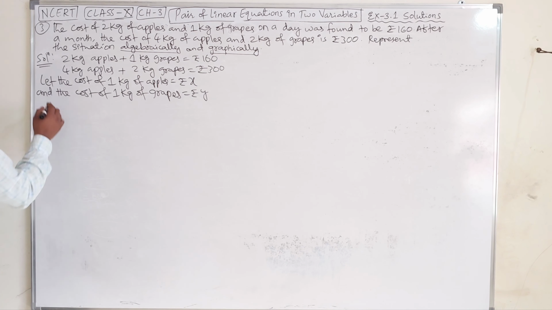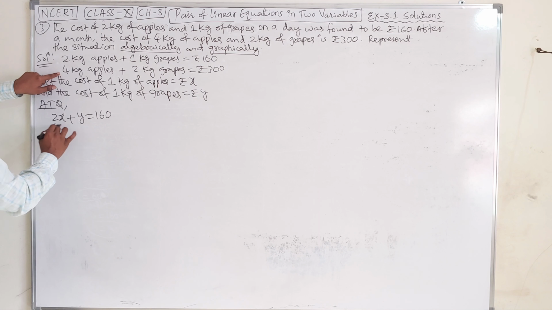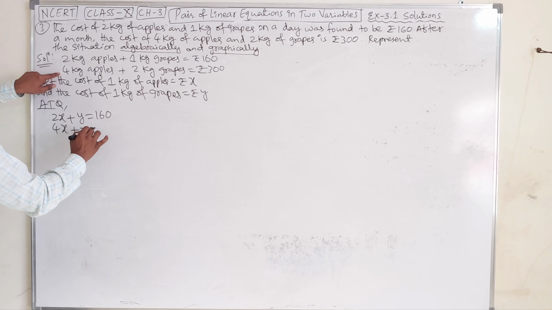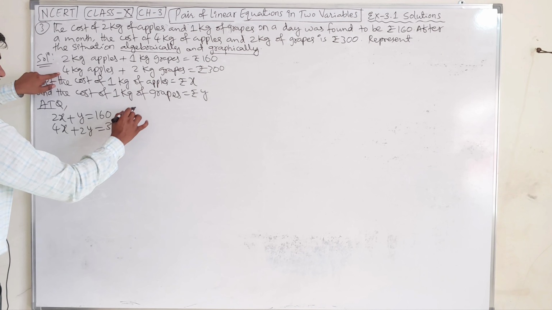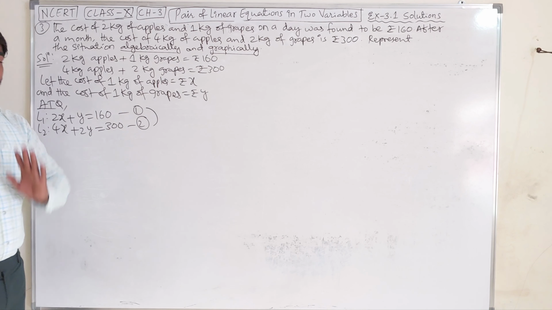So according to the question we will get the equations like this: 2x plus y is equal to 160, and the second one is 4x plus 2y is equal to 300. So this is equation 1 and this is equation 2. So we can write this is line 1 and this is line 2. So this is our algebraic representation.